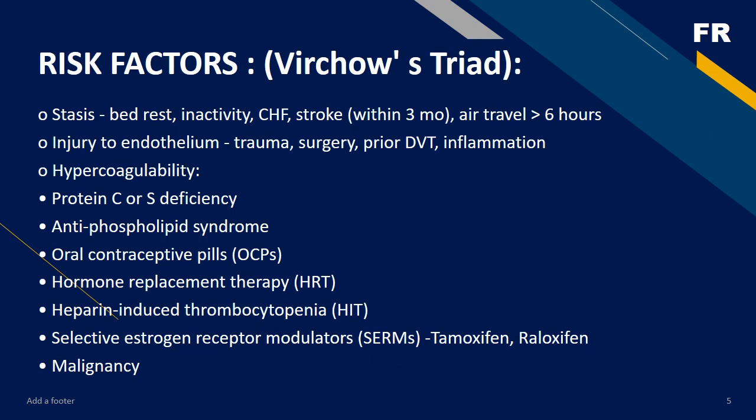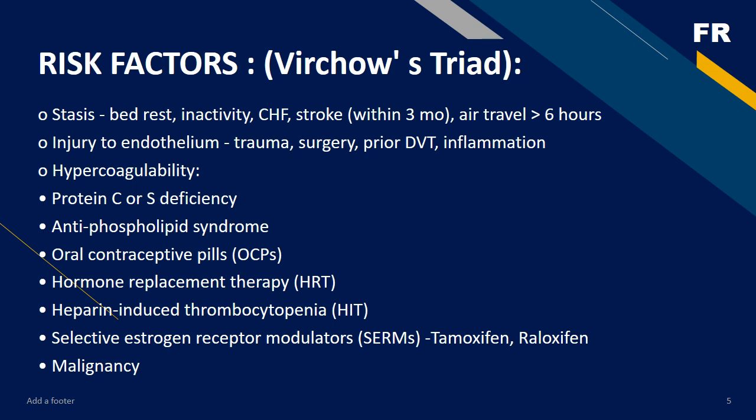So all the risk factors of pulmonary embolism can be covered in Virchow's triad, which includes stasis, injury to endothelium and hypercoagulability. Stasis occurs with prolonged bed rest, inactivity, congestive heart failure, stroke within 3 months, and air travel of more than 6 hours.